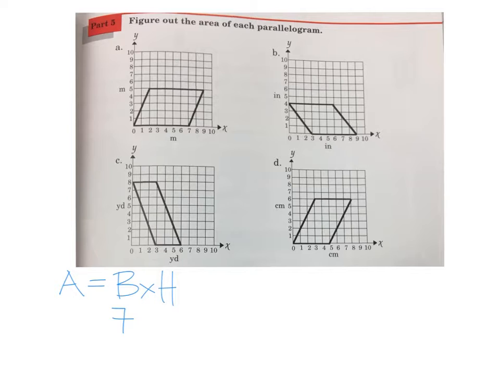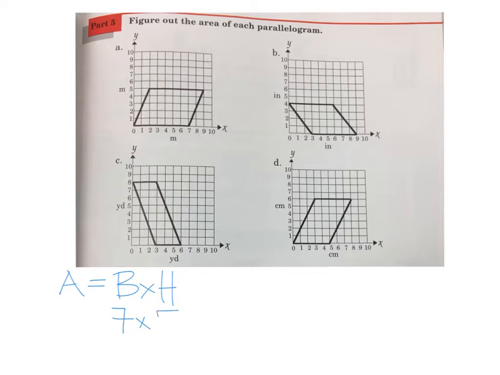What I'm looking for when I do the height is I have to go to this line. So when I do the height, I'm going to look at the top line, go to a corner, take that corner, and look how high it goes. So starting here, it goes as high as 5. That's how high it is. Remember, I'm not using the slanted one. I have to use this corner and go straight down, and I can see that the height, how high it goes, is 5.